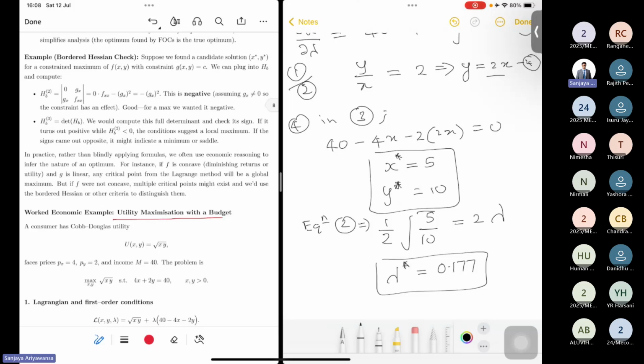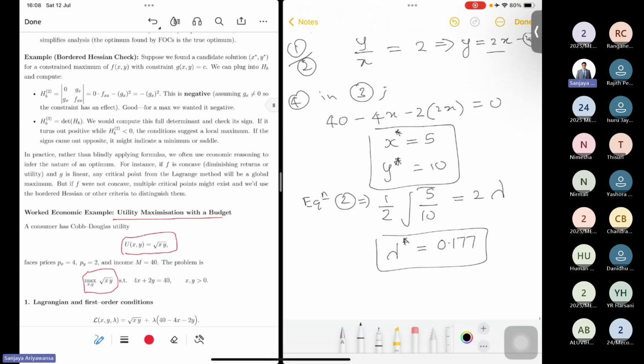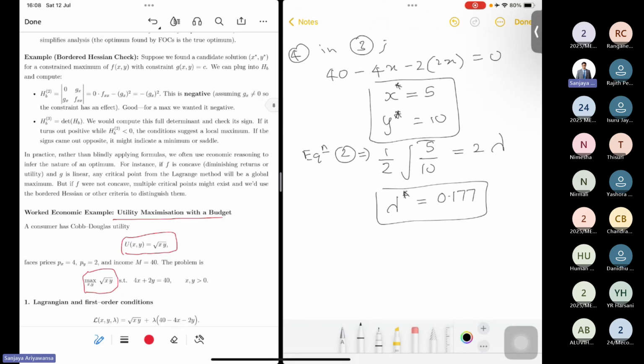Okay, so we figured out x, y, and lambda. That's fine. Now we need to figure out whether this x, y, and lambda gives me the maximum for utility or a minimum point for utility. Ideally, I would want to maximize utility, and that's what I've been told here, maximize. So I need to figure out whether x equals 5 and y equals 10 actually maximizes my utility function.